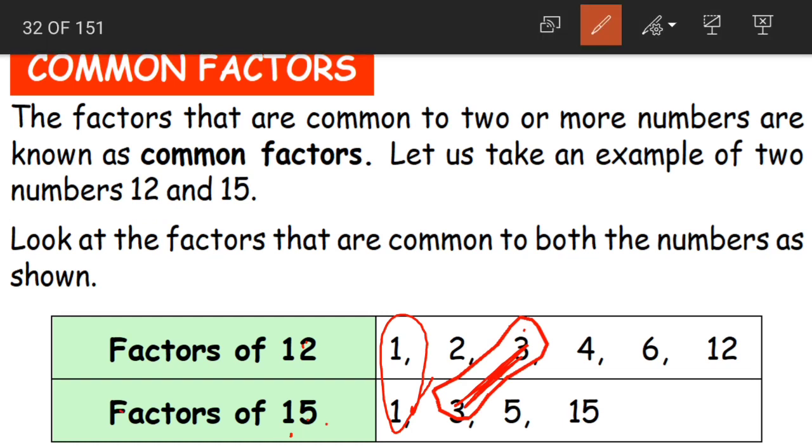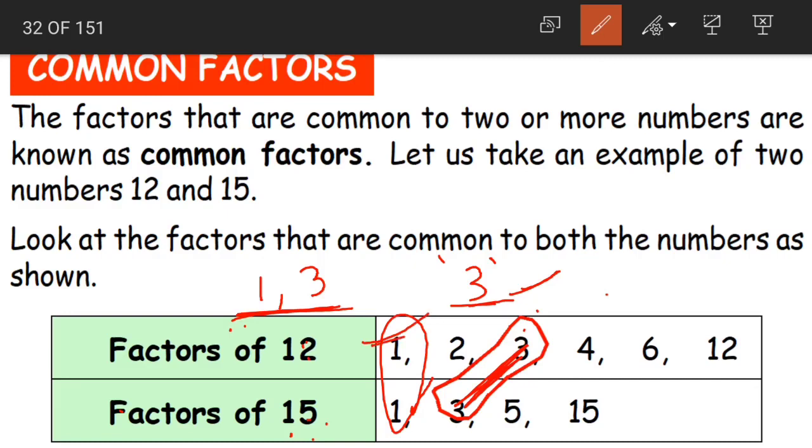Now if we take this case here, we can write the common factors are 1 and 3, or even if we write simply 3, it is enough. Both are correct, because we already know that 1 is a common factor for any given pair of numbers.